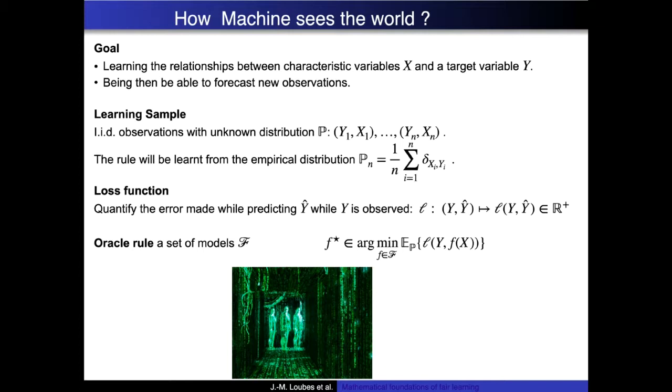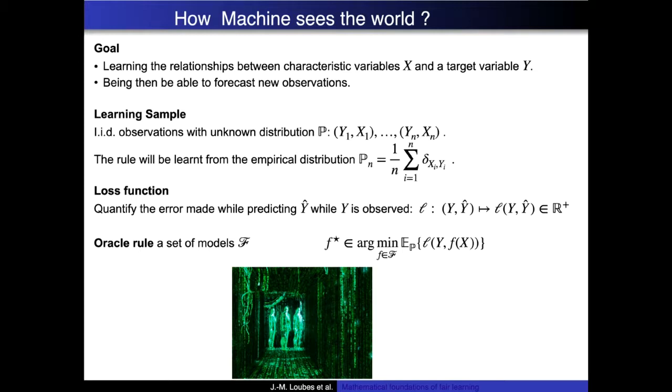So in a supervised setting, you monitor a variable x, which could be multidimensional, and you want to be able to build a model that will forecast a new variable y. In fact, when you give a machine the power to build a model, the machine is only looking at the way the data were generated.